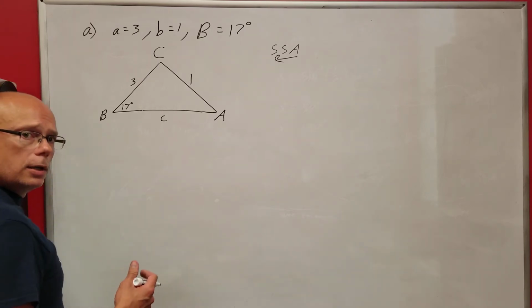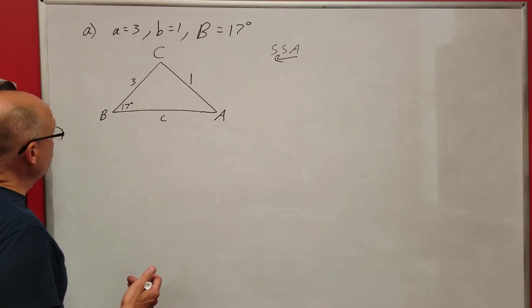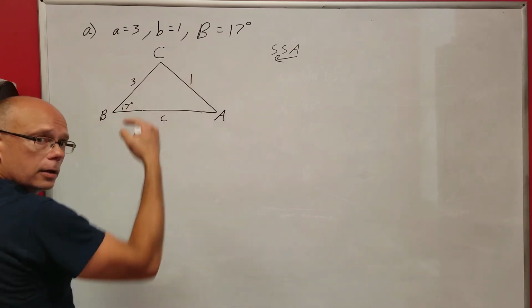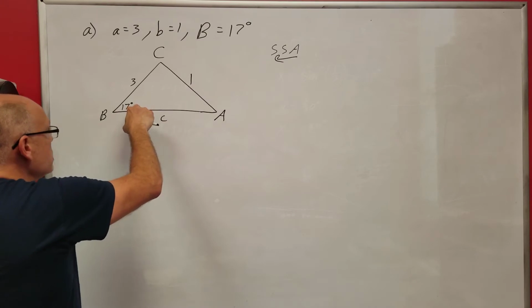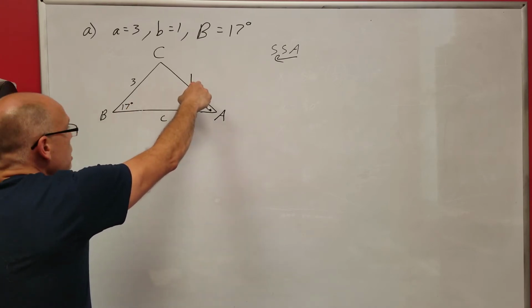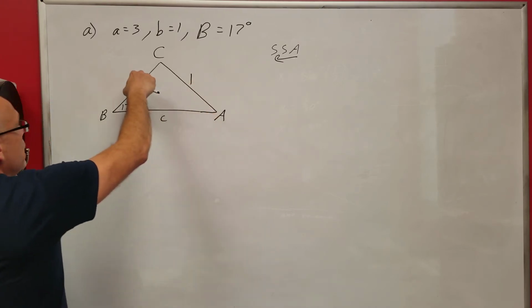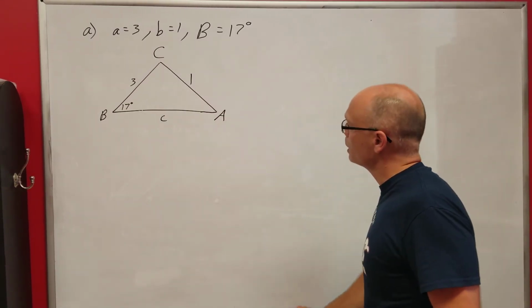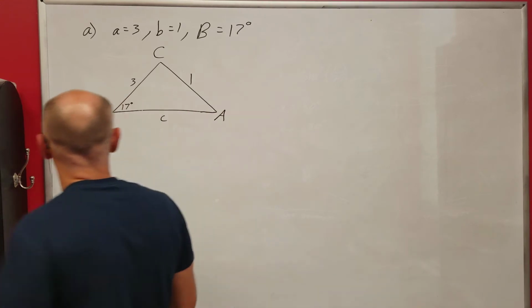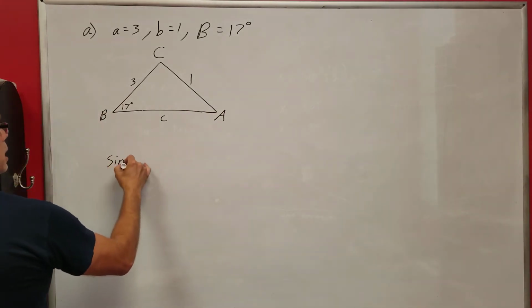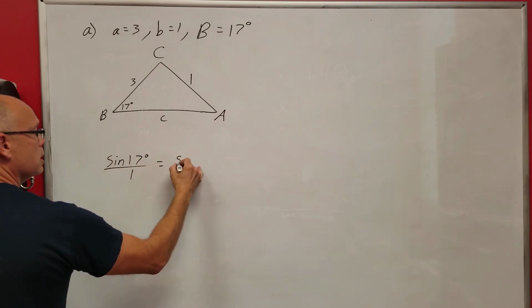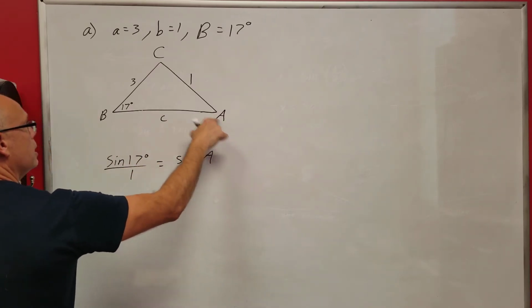All right, so let's start out using the law of sines and find what we can find. If I'm given this measure of an angle and that side, I'm going to start out with that. I'm going to say sine of 17 degrees over 1 is equal to the sine of angle A over 3.